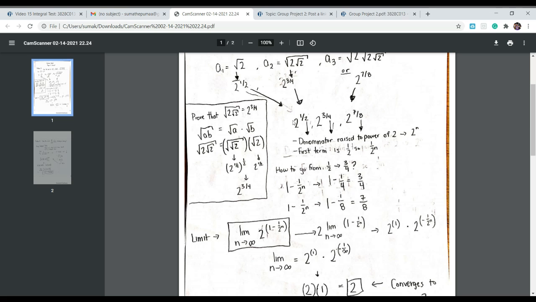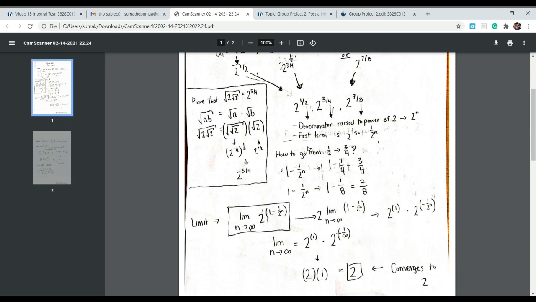That can be for later. So 1/2 is similar to 1 over 2 to the n, and that's how I solved that. Like I said, there are many ways to solve this, but I feel like this is easier. This is how I wrote it, 1 over 2 to the n. So that's how I got the first term.